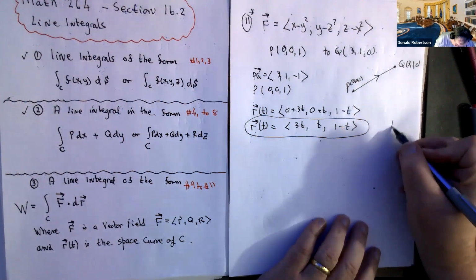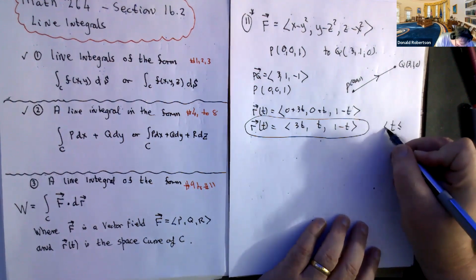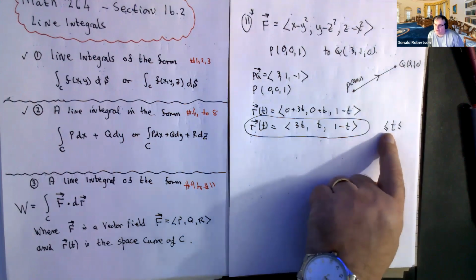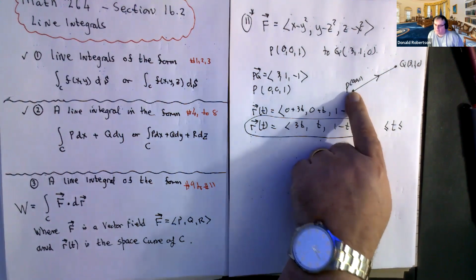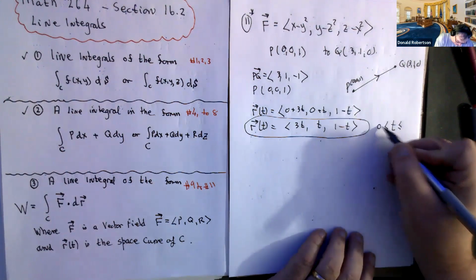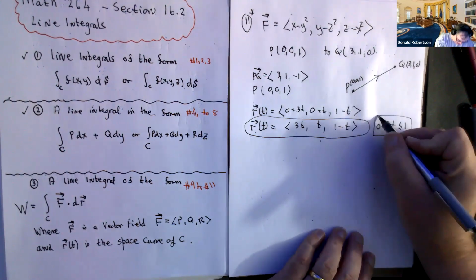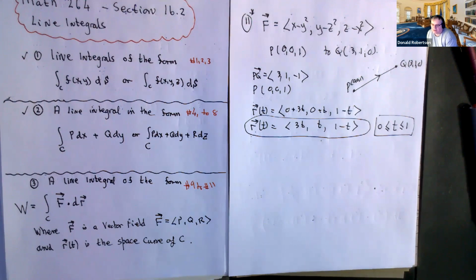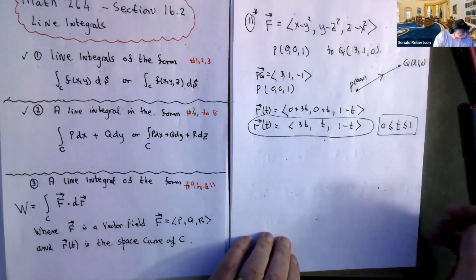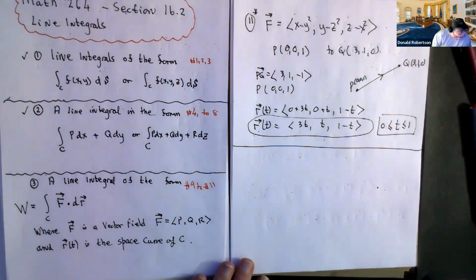Now, before I forget, don't we need a start and a finish? A value of t that gets you the first point and a value of t that gets you the endpoint. But for a line in 3D, isn't the answer going to be from 0 to 1? That means we actually have everything that we need.